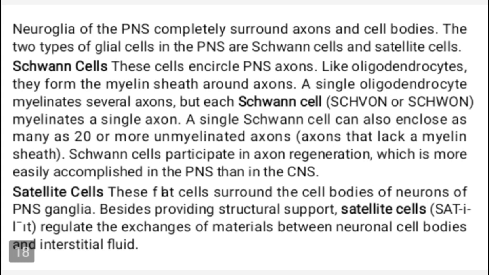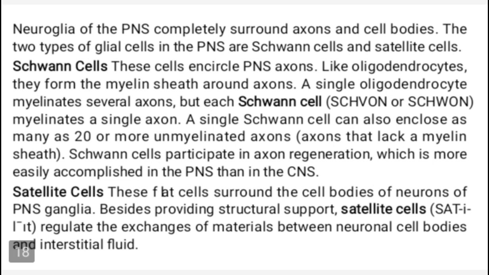A single oligodendrocyte myelinates several axons, but each Schwann cell myelinates a single axon. A single Schwann cell can also enclose as many as 20 or more unmyelinated axons, or axons that lack a myelin sheath.